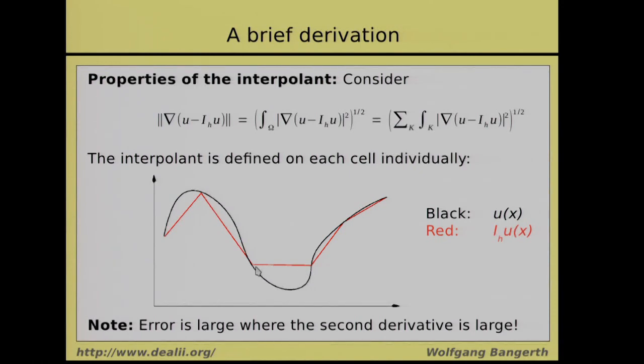So intuitively, this tells us that the error between these two is large where the second derivative, the curvature of the exact solution, is large. And of course, that's exactly what I've been saying all along, right? That the error is bounded by the interpolation error, and the interpolation error has something to do with the second derivatives of the exact solution. That's what we've always had in all of the formulas that I showed you earlier.